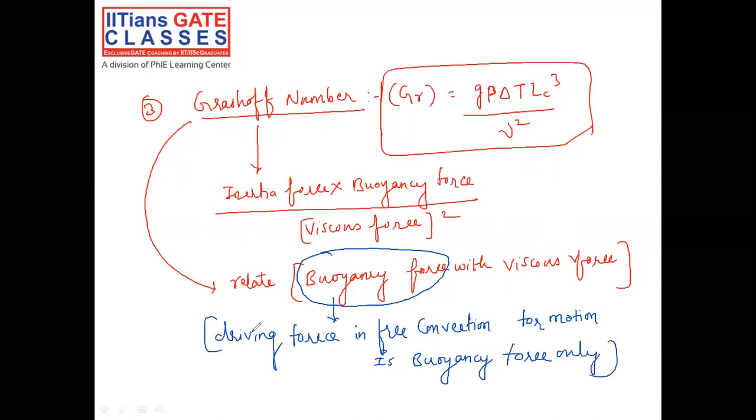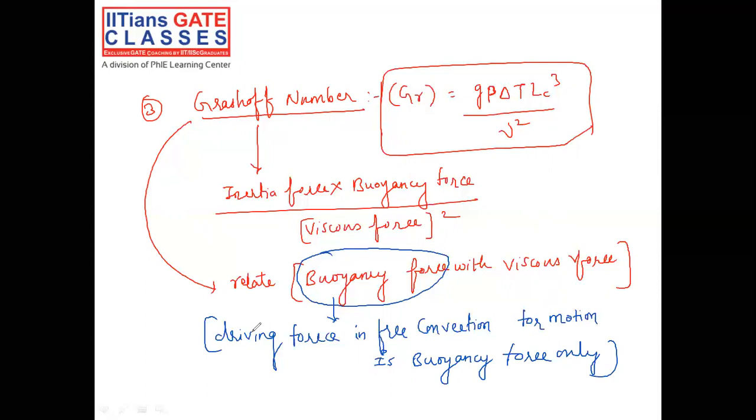Due to the buoyancy force only, there is a density difference of the fluid, so that the fluid starts moving, and that is all about free convection. So the Grashof number plays the same function as the Reynolds number in forced convection. So Grashof number plays a significant role as the Reynolds number in free convection.